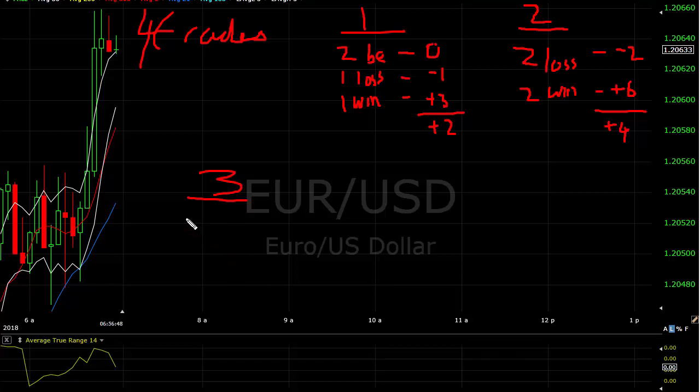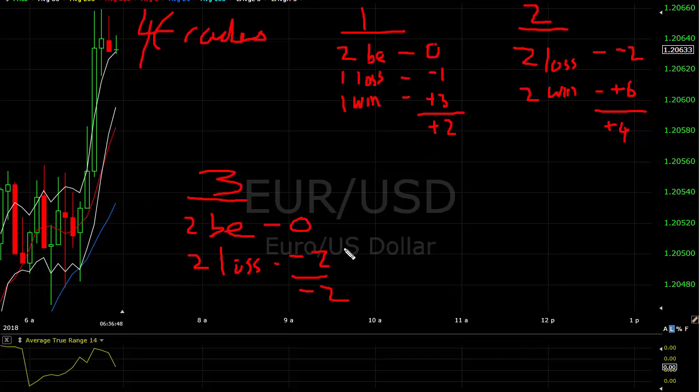Well, what if they had their 2 break evens, so you get 0 for that, but instead of having 1 win, they actually had 2 losses, and this is when it shows itself up, because then you have 2 losses of minus 2, ending up with a net of minus 2, because we're assuming here that the trader has 2 break evens, 1 loss, 1 win in this scenario.